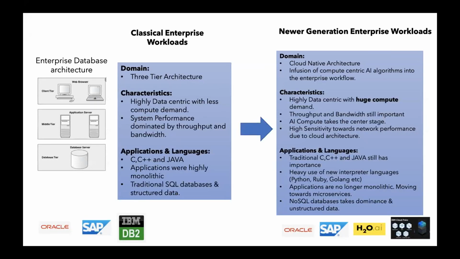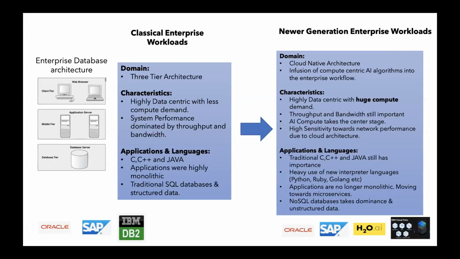Now, with the transformation, a lot of these three-tier architectures have become more of a cloud native architecture. Still, it has all these tiers, but it's become more cloud native. And the infusion of AI algorithms into the enterprise workload has really increased the demand for huge compute requirements in various different forms, right? Not just CPUs, but also GPUs, ASICs, and FPGAs, and all that.